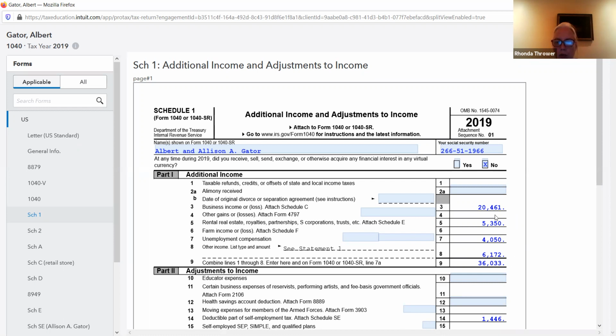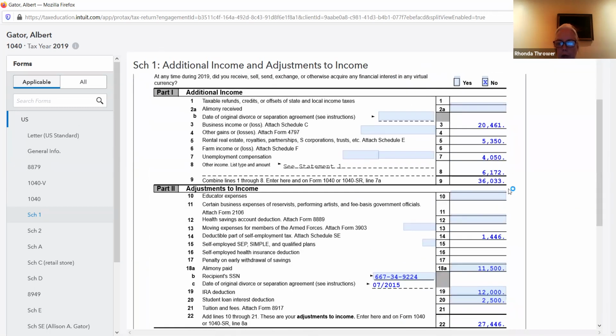So this was different on this particular form. And also at the bottom part of this form, this 27,446 is also going to change.